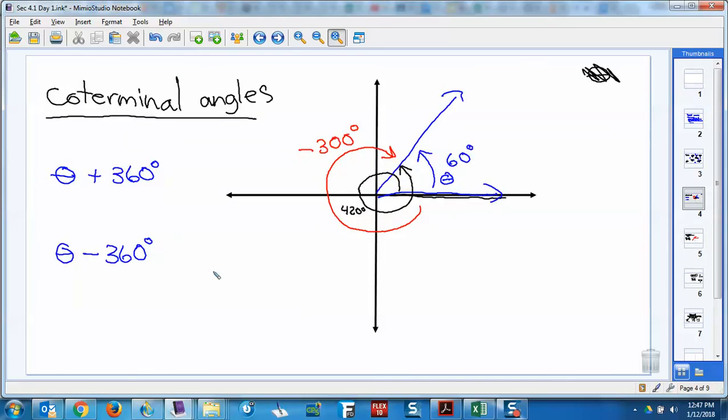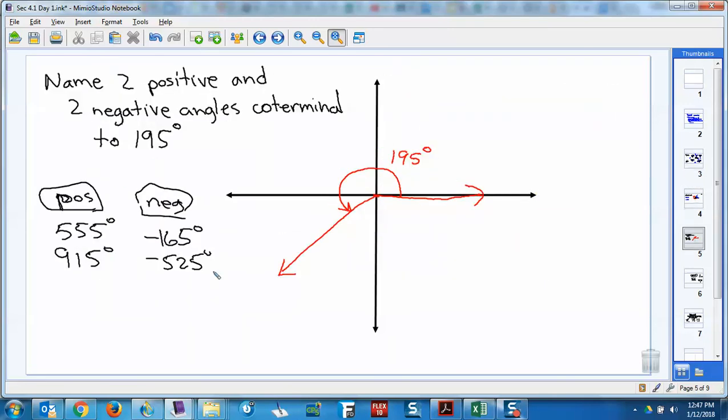So all you're doing is taking your original angle, adding 360, adding 360, or subtracting however many times you need to, and there you go. Negative 165 makes sense: this would be negative 90 to here, and then a little farther. Then you go around again, another negative 360, and that would give you that.